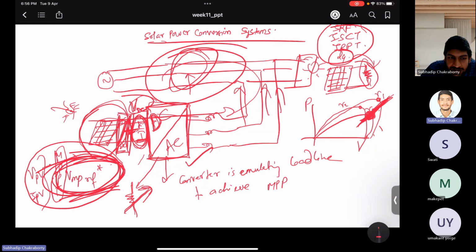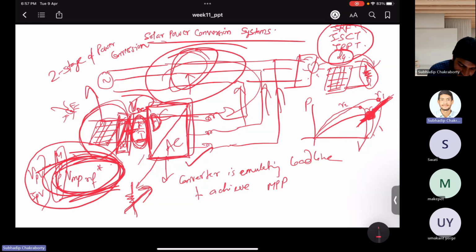Batteries are also used, but batteries are expensive. That's why some systems are batteryless, and mostly you will see single stage. Where you have one DC-DC converter and another DC-AC converter, that is two-stage power conversion or a two-stage topology. Where you have only one DC-AC converter, we call it single stage.